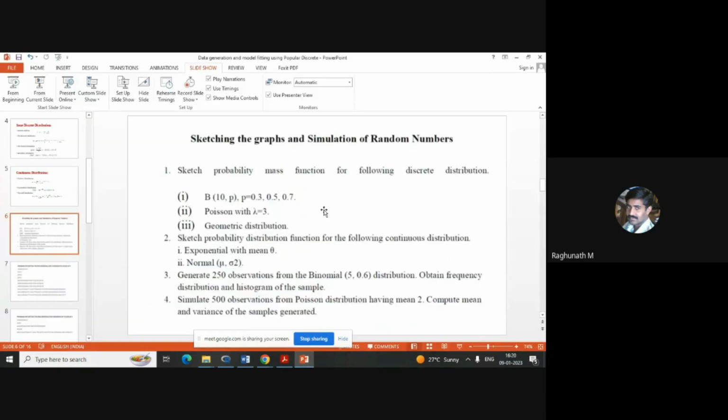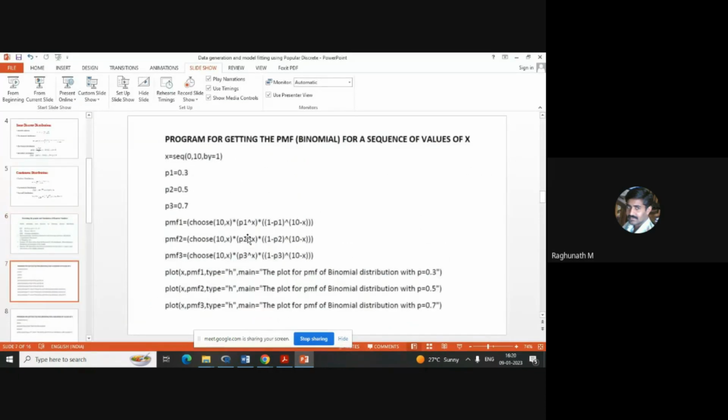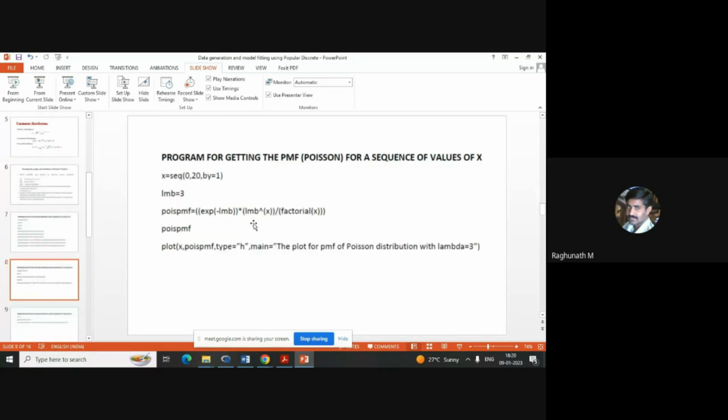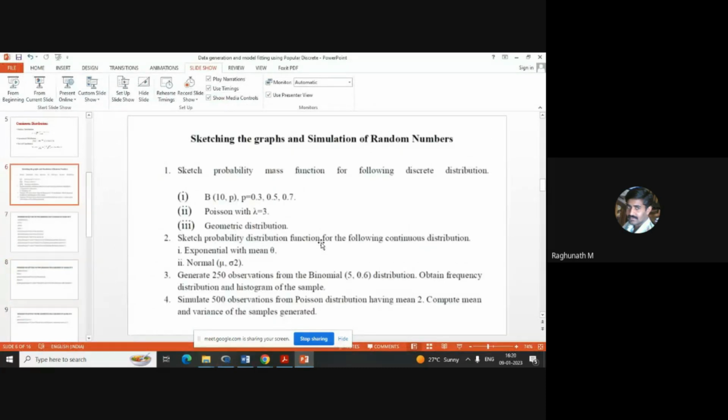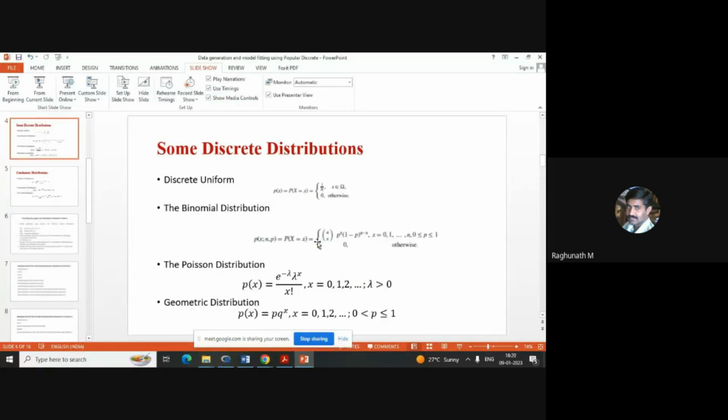Now coming to the second one, regarding the Poisson, we shall talk. Again, coming to this Poisson distribution, the PMF of the Poisson distribution I have already mentioned. So P of x is equal to e to the power of minus lambda. This e is nothing but the exponential.